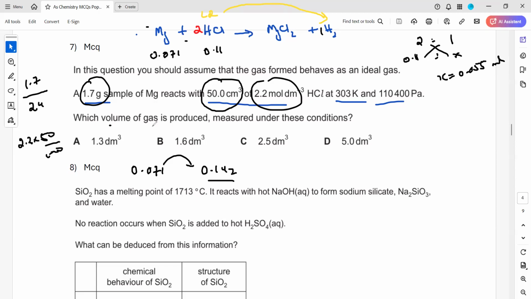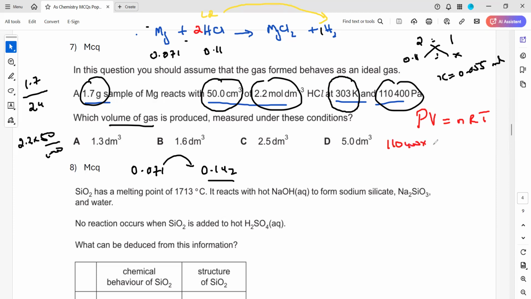Now we need the volume of the gas, and the conditions are not the standard conditions, like we don't have 298 Kelvin or 100,000 Pascal. When the pressure and temperature are different, we use the general gas equation, PV equals nRT, where P is the pressure, that is 110,400 Pascal.